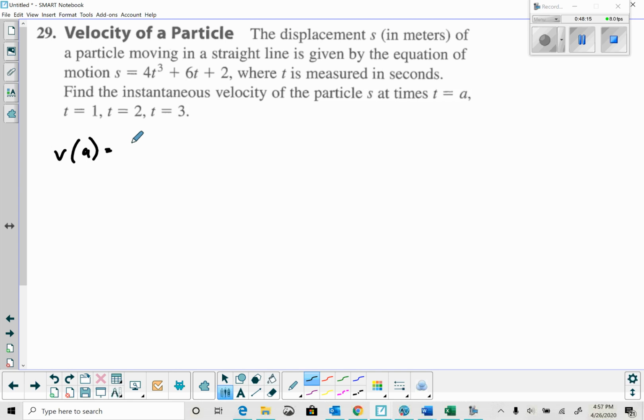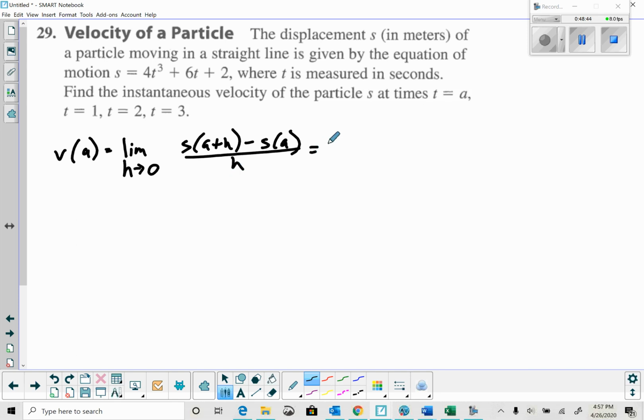If we're looking for a number, not a new function, not an expression, not an algebraic equation, I'm going to go back to the limit as h approaches 0 way of looking at things. So this is going to be s of a plus h minus s of a all over h.